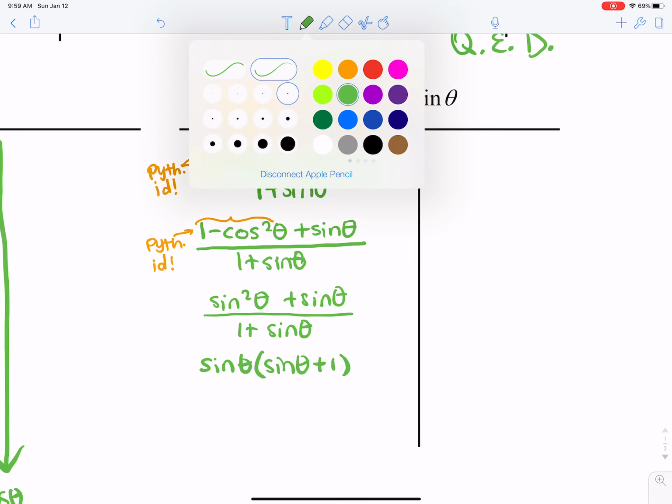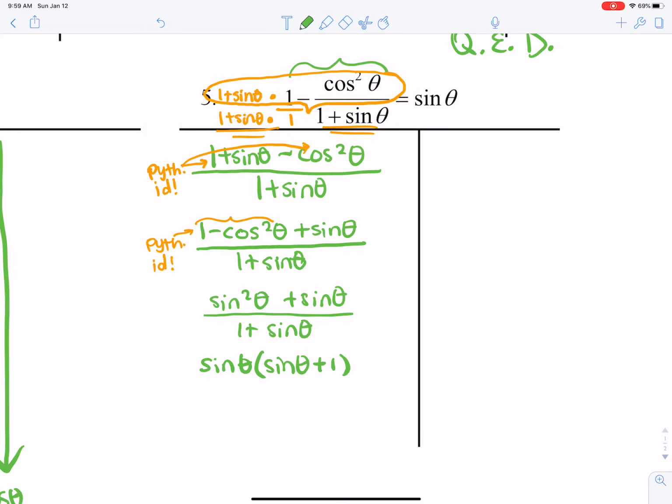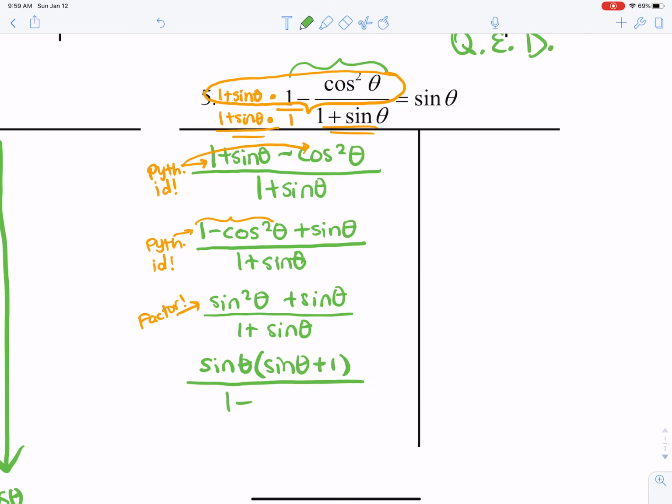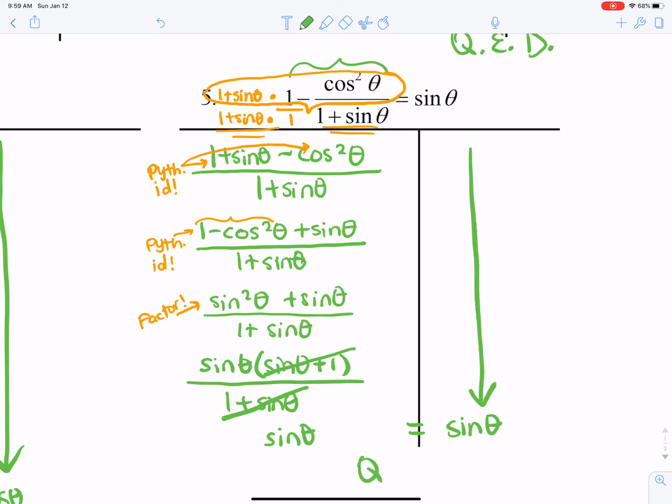So let's factor. And we leave this with 1 plus sine theta on the bottom. Oh, snap, crackle, and pop. 1 plus sine theta and sine theta plus 1, they cancel out. And our final answer is sine theta. And sine theta equals sine theta. And thus it has been proven.